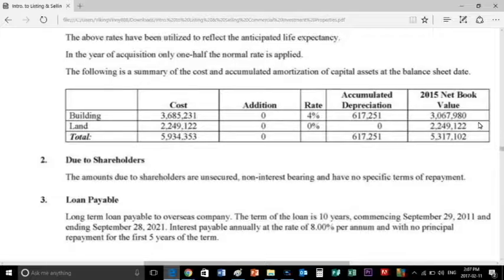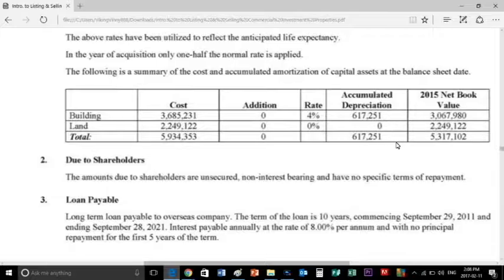So the 2015 net book value is $2,249,122. So the total, so you add the building and the land. So the total is $5,934,353 because you're adding 3.6, almost 3.7 for the building. The land is 2.2, so you come out to around 5.9.